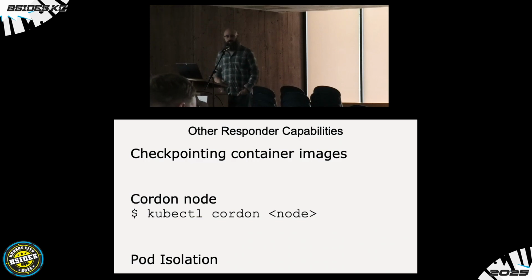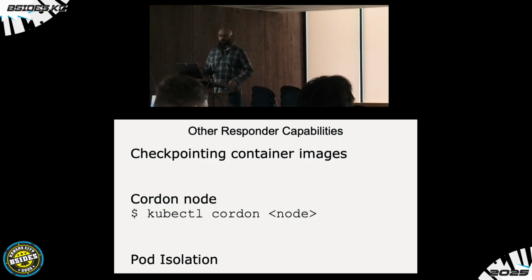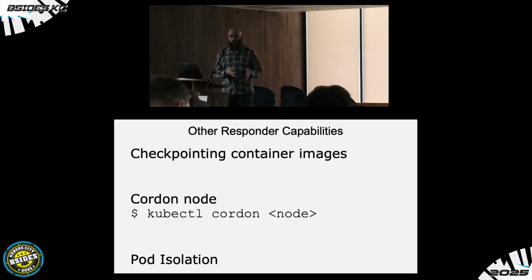But where the Nginx pod is, you can cordon that node off, which basically sticks it in a corner and says no new workloads can be scheduled here. This allows you time to breathe and to do any deeper forensics, because very quickly, if you want to do deeper forensics, you're going to go to host level forensics, because it's all just Linux under the hood, and you're going to start dumping memory the way you would normally when you do Linux incident response.